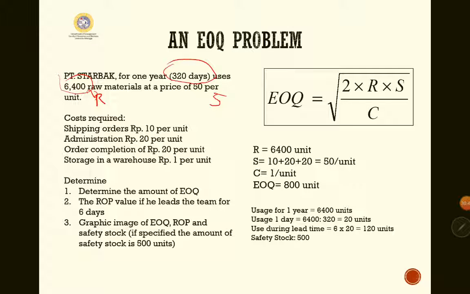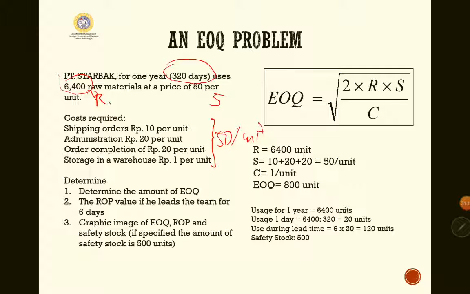Oh, sorry, this is not S. This is the S. Sorry. Shipping order, by administration and by order completion, we have 50 cost per unit.